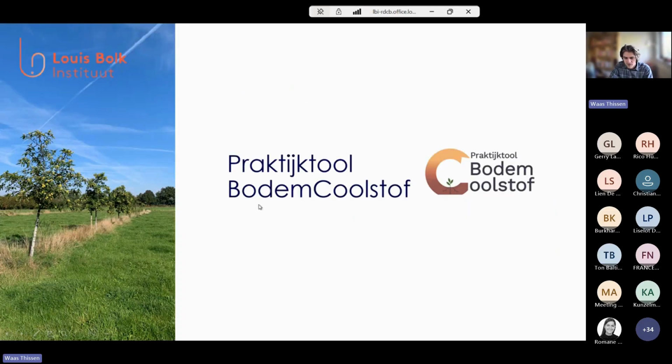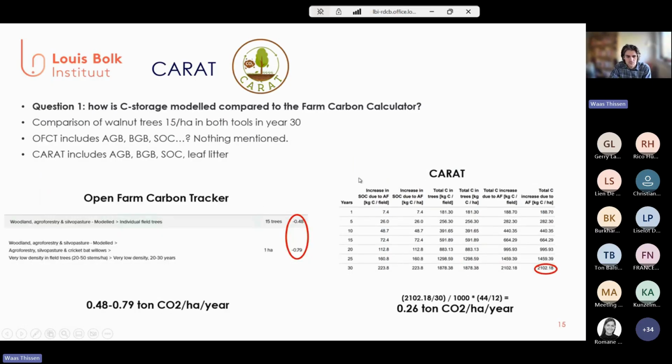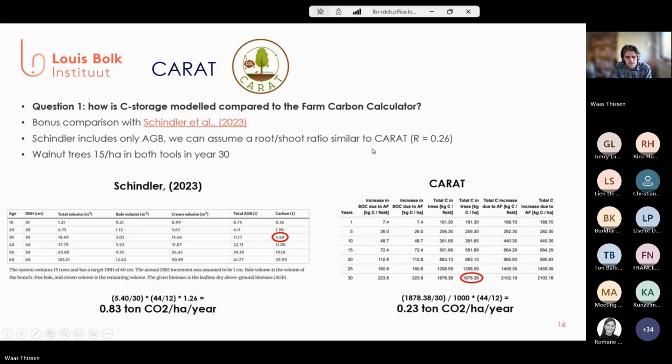It is actually more comparable to the Open Farm Carbon Tracker. What's also interesting to note is that sHL uses allometric equations from urban trees. That's one way they try to include the freestanding effect of the tree, free from much competition with other trees, like in a forest setting.